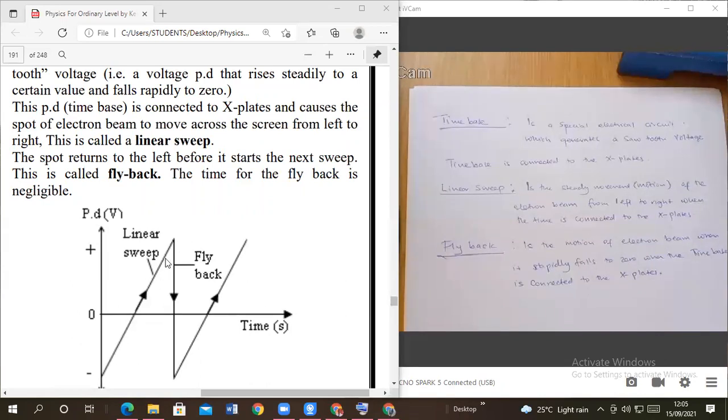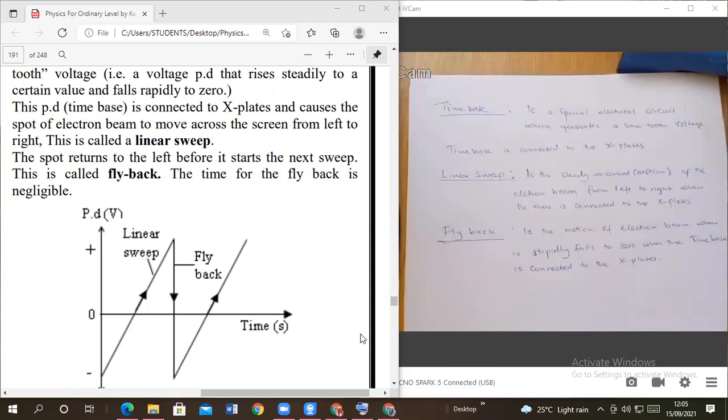So this is left to right and then it falls back, and again left to right and it falls back. At the end, this kind of time base, when connected to the X plate, will form what we call a sawtooth voltage.